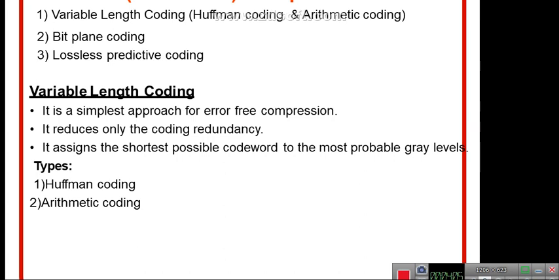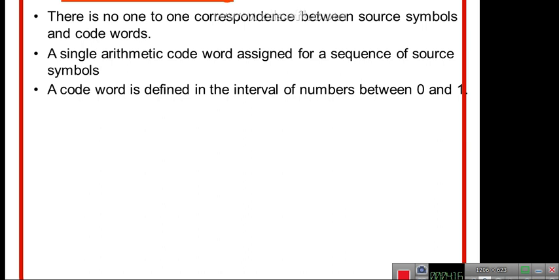It reduces only the coding redundancy and assigns the shortest possible code word to the most probable value. In arithmetic coding there is no one-to-one correspondence between source symbols and code words. A single arithmetic code word is assigned to a sequence of source symbols, and the code word is defined in the interval of numbers between 0 and 1.